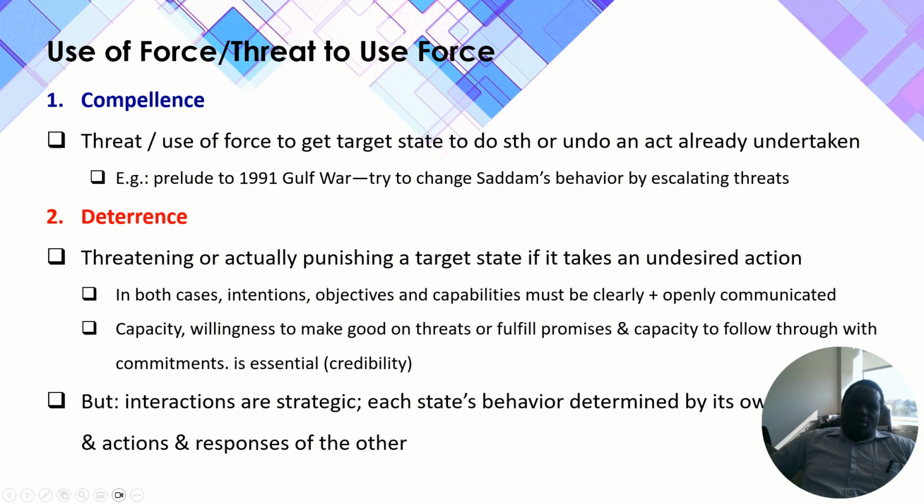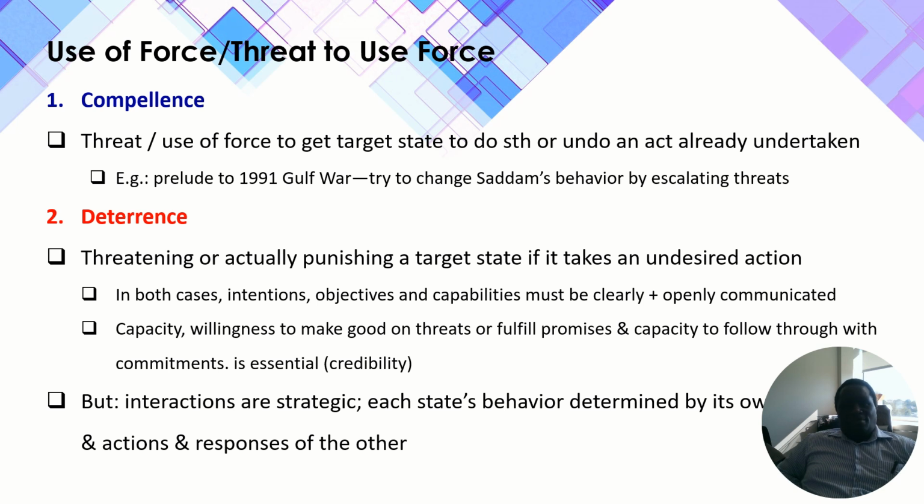And so when we think about sanctions, we think of the use of force or the threat to use force, which is compellence or deterrence. So you compel people to do something or undo something that has already been done. For example, the US sought to compel Iraq to leave Kuwait, but that actually didn't happen.